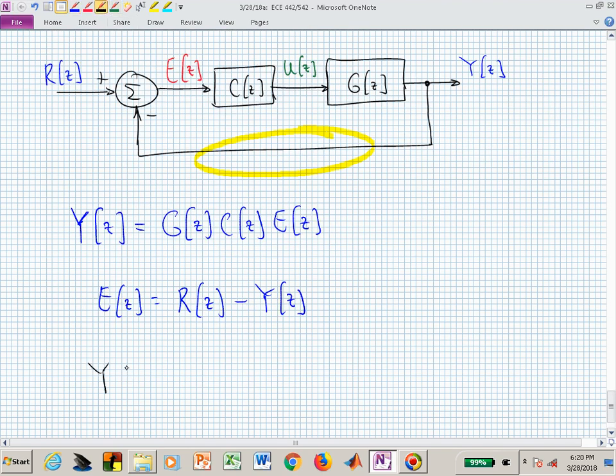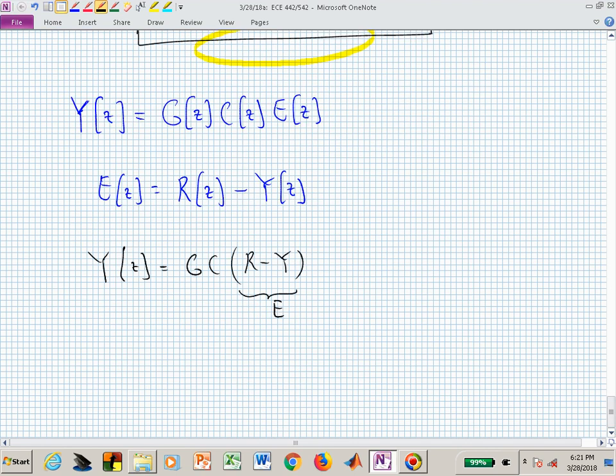Now we have Y of Z is equal to GC, I told you I was going to get lazy, times R minus Y, where this is just E. That's really just rewriting the first equation. Now let's combine the terms that involve Y and the terms that involve R. Let's add GCY to both sides of this equation.